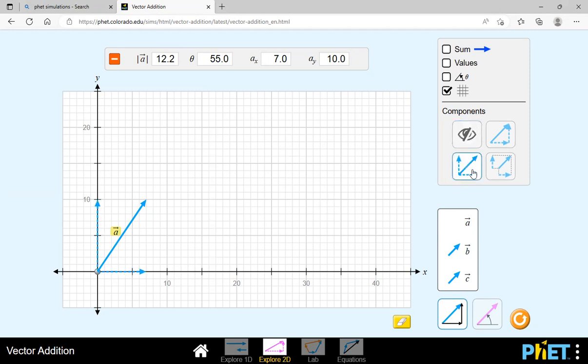So you project this dashed line to the x-axis, and you will find ax, the component of A along the x-axis. This dashed blue line here is ax.